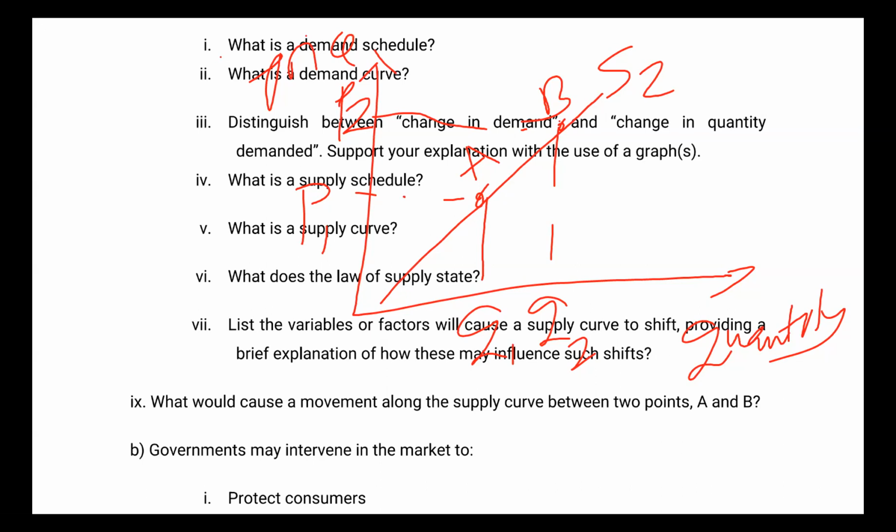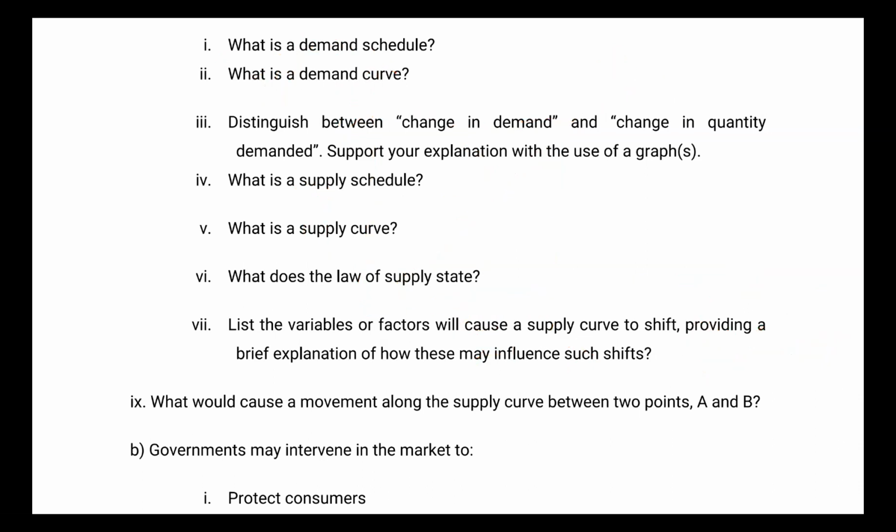But if price changes, it will cause a movement along the supply or demand curve, depending on what you're looking at as well. Is that clear? Yes, sir. All right. Any questions?